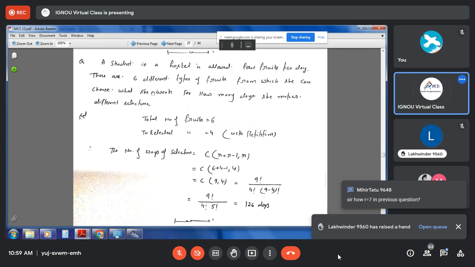Now this language tells us the repeats are allowed. She can select 4 apples, she can select 4 bananas, she can select 4 of any other fruit. So here the language itself tells us the repeats are allowed. Simply, from the 6 fruits, a student has to select 4 fruits per day when the repeats are allowed.